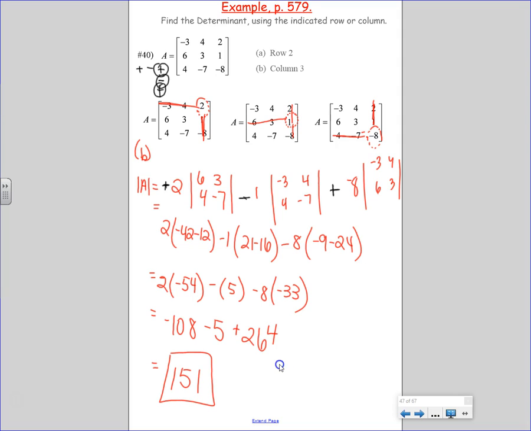Double check me, but I think it's 151. Anybody in their calculator say yes? Great. I see a couple.